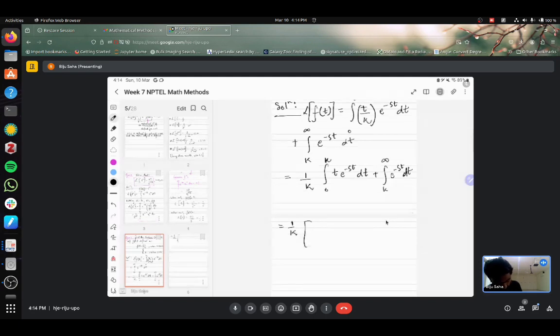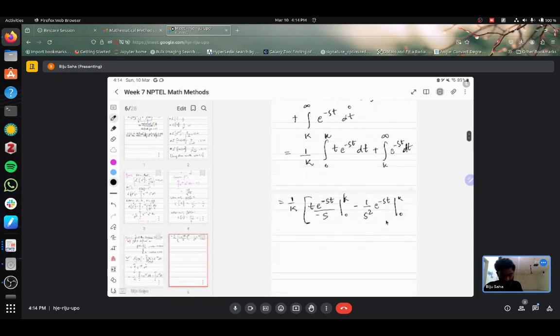So first of all, you will have t e to the power minus st over minus s, from 0 to k, and then in the other part you have that.